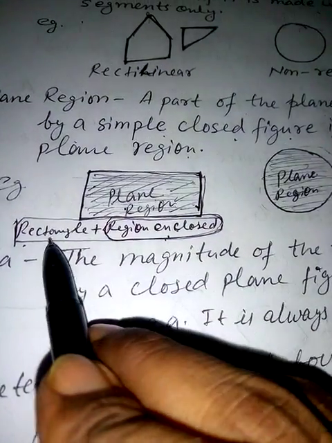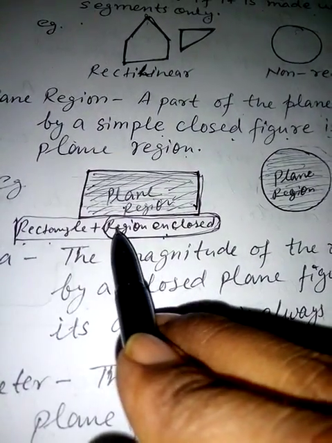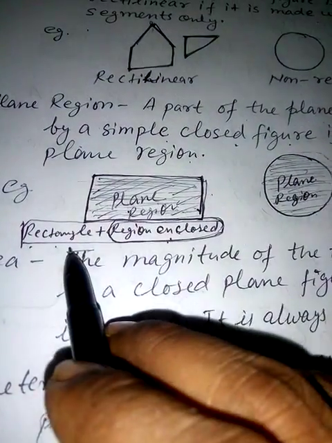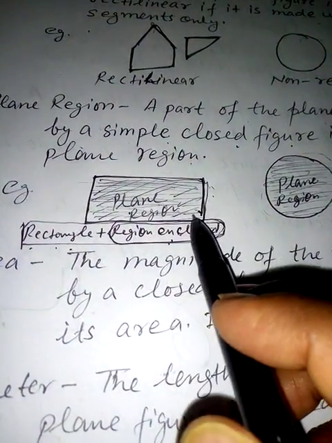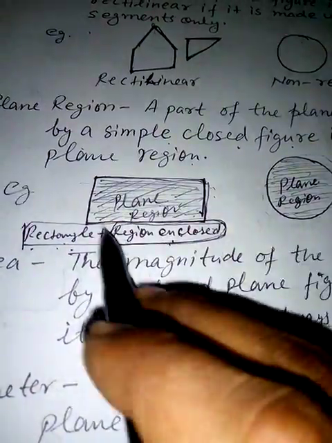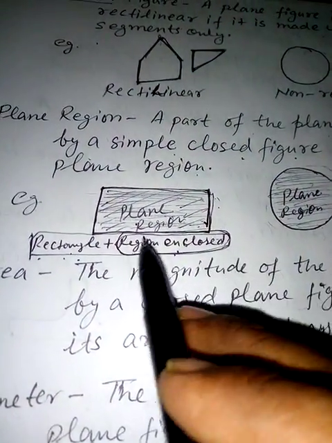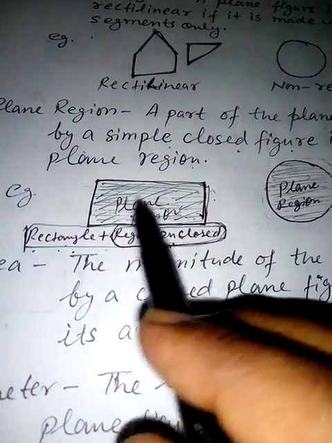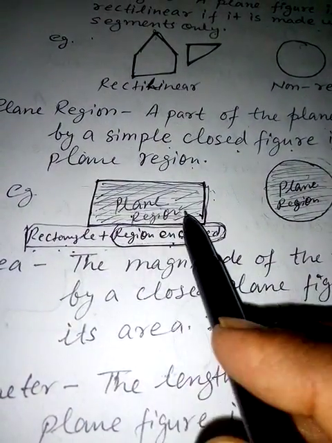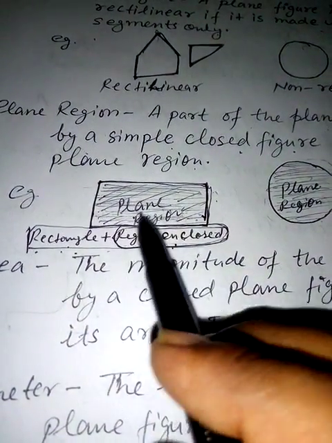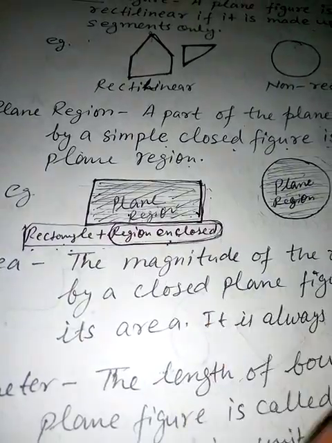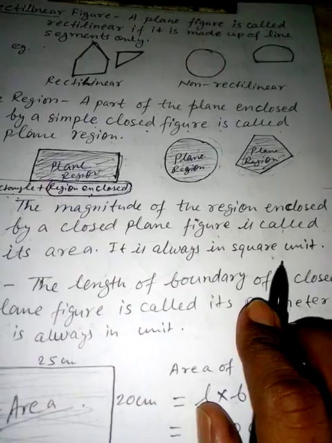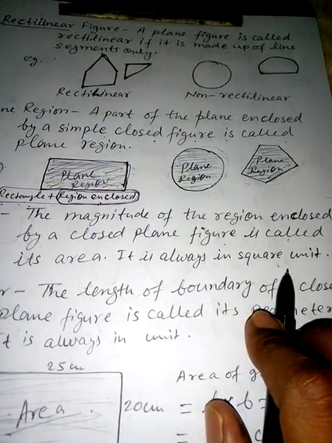But the region enclosed and the rectangle together is called a rectangular region. But the region enclosed by the rectangle, it means the inner part, is only called the area of this rectangle. It is always in square units like centimeter square, meter square, etc.